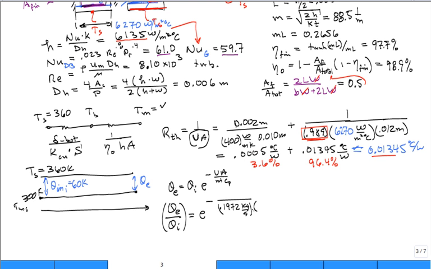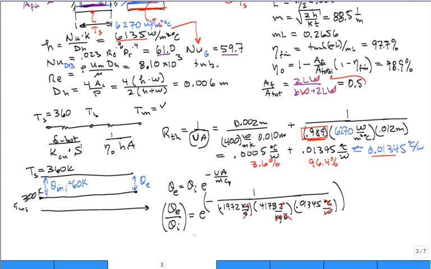The specific heat is 4178 joules per kilogram degree C. And then the reciprocal of UA is 0.01345 degrees C per watt. Just double-check our units: what's a joule per second? Isn't that a watt? Kilogram cancels with kilogram, and degree C with degree C.